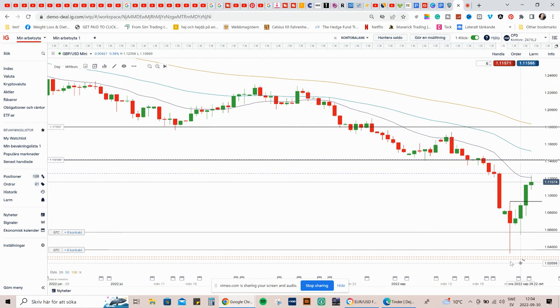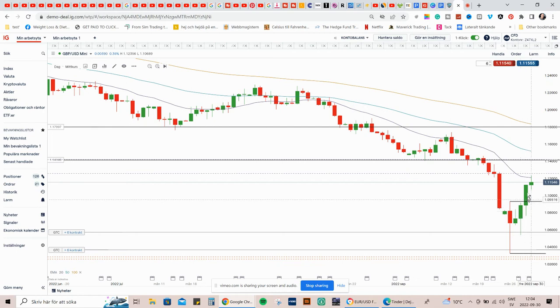I'm marking the inside bar here, the mother bar, and we can see 3 days of consolidation, 1, 2, 3. The first candlestick bar was bullish, as I was mentioning, then we had a kind of doji, an even struggle between buyers and sellers, and on the third day we could see the second sign that we most likely have a bullish trade here for the pound.